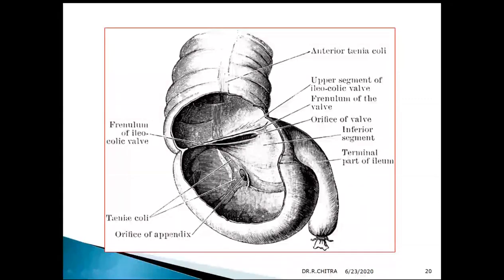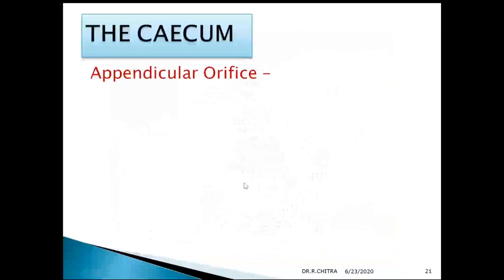One more opening you see in this diagram: the appendicular orifice. That will be situated 2 centimeters below the ileocecal orifice. Are you seeing this? This is the appendicular orifice; two orifices are present in the interior of the cecum.